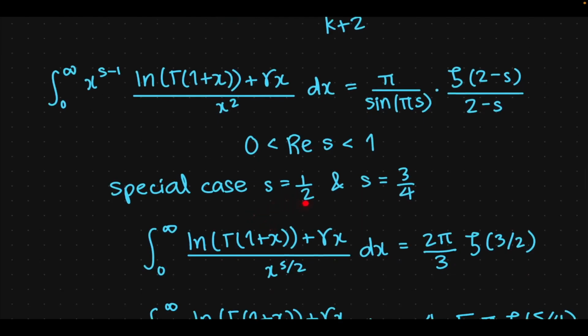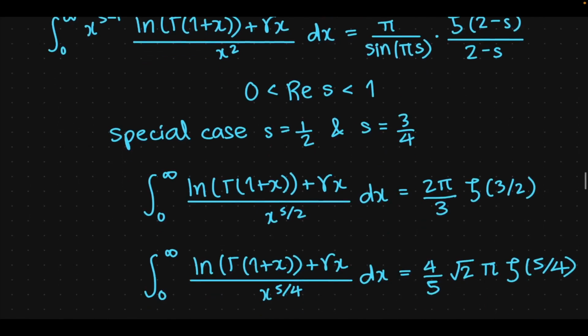Special case happens when s equals 1/2 and s equals 3/4. So for the 1/2, we have integral 0 to infinity natural log of gamma of 1 plus x plus Euler-Mascheroni x divided by x to the 5 by 2 dx equals 2 pi by 3 Riemann Zeta of 3 by 2.